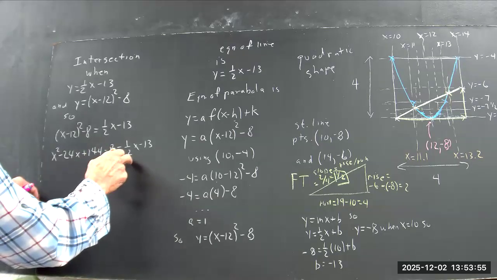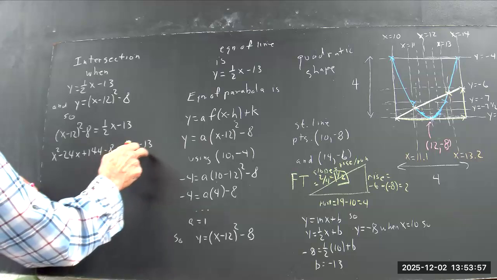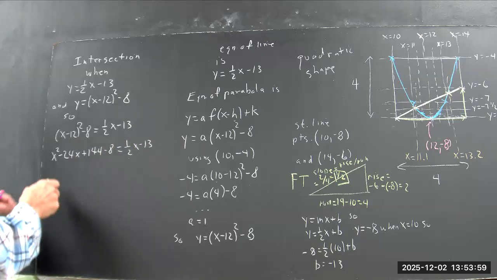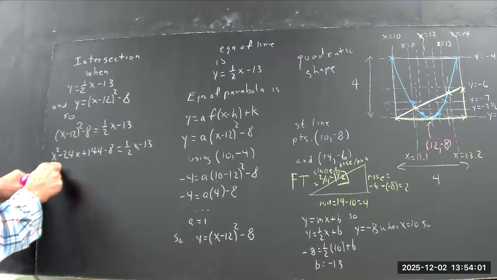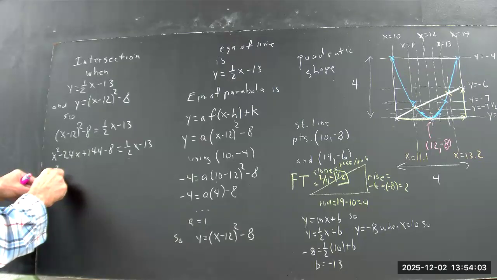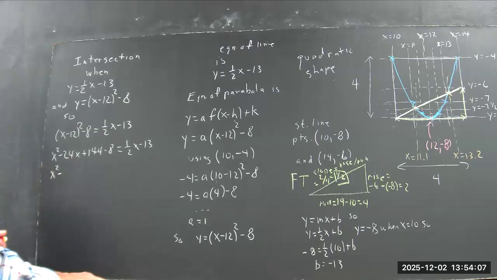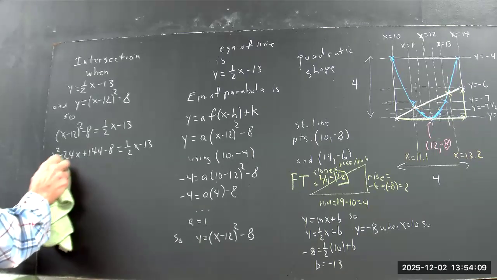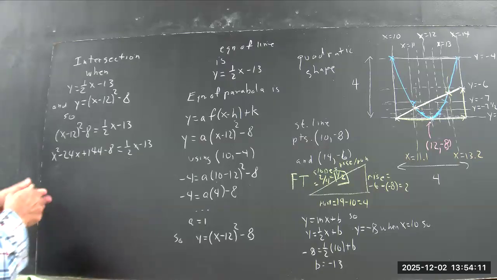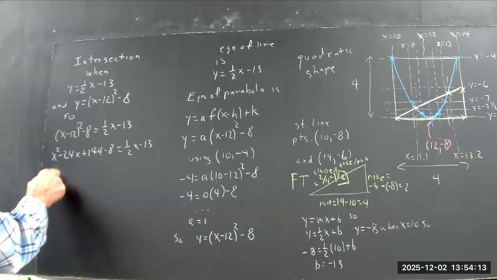Subtracting the 1/2 x minus 13 from both sides. Actually, I don't want to work with fractions. I'm going to double both sides.